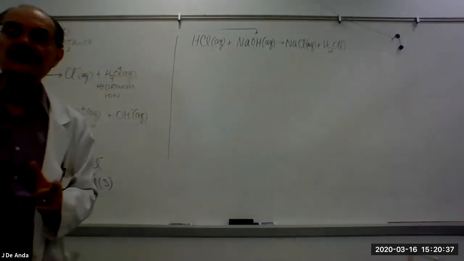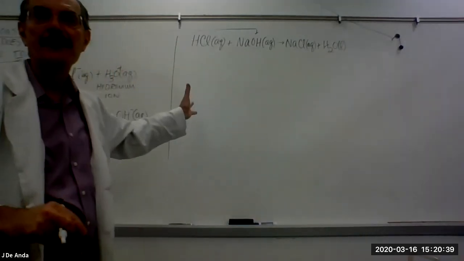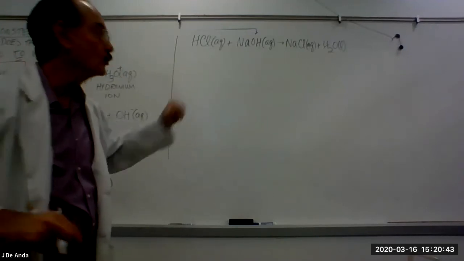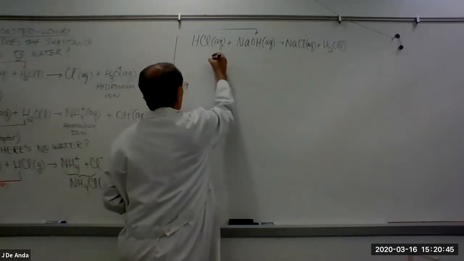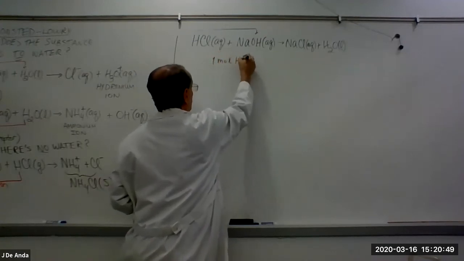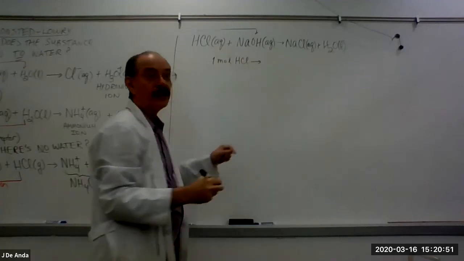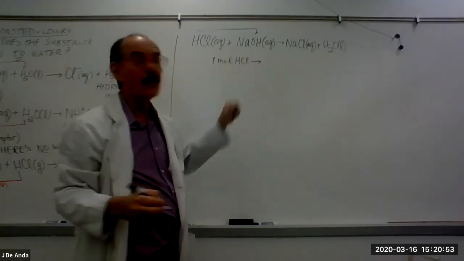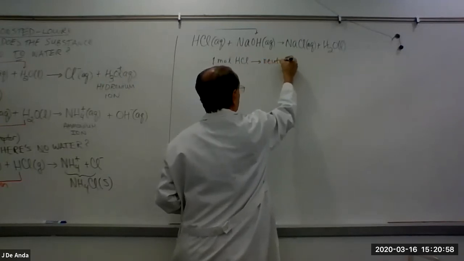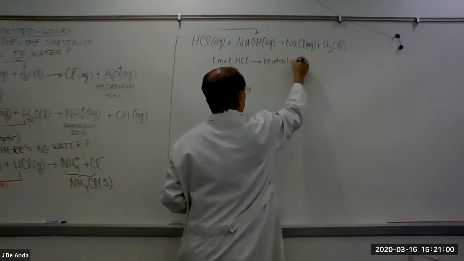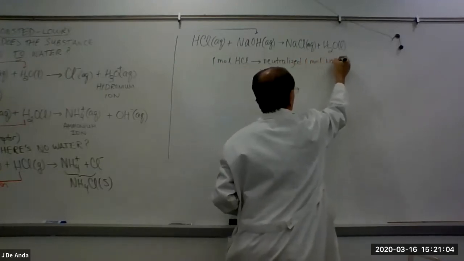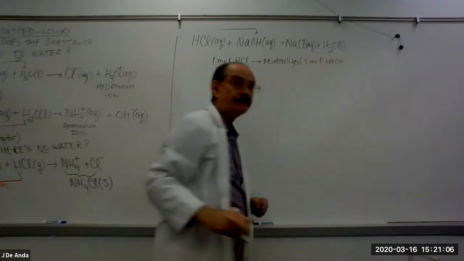Now, what I'm going to consider now is not what happened to the HCl, the acid, but what did the acid do? Well, I can see stoichiometrically that 1 mole of HCl reacted with 1 mole of NaOH. In other words, neutralized 1 mole of NaOH.